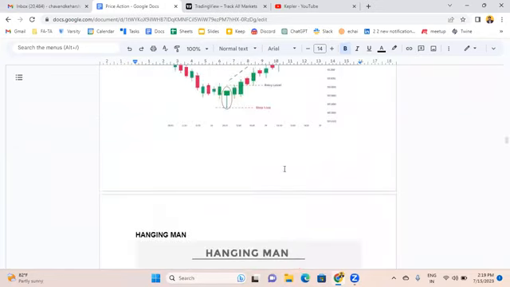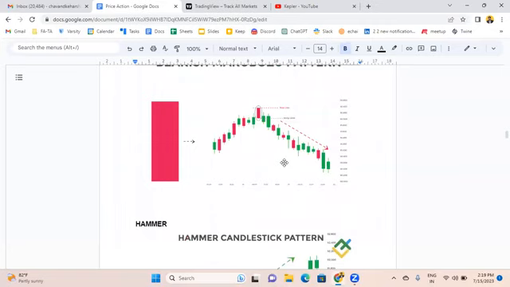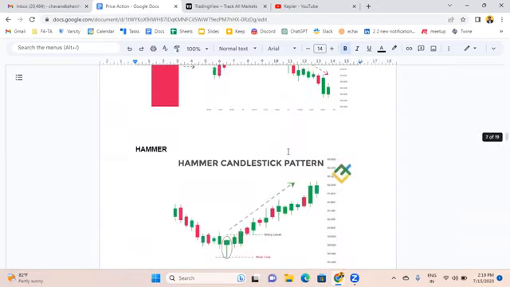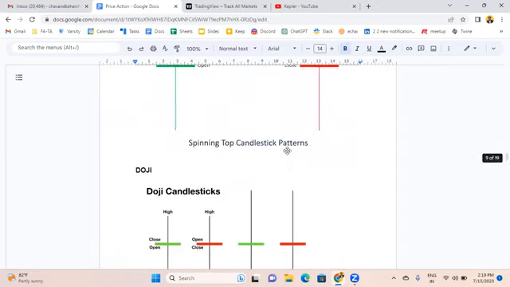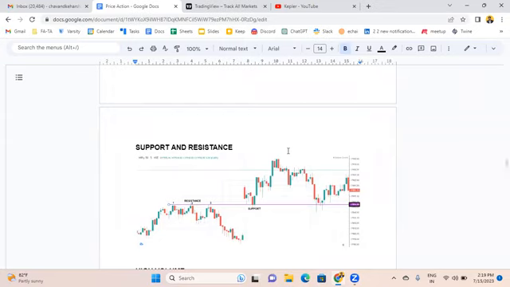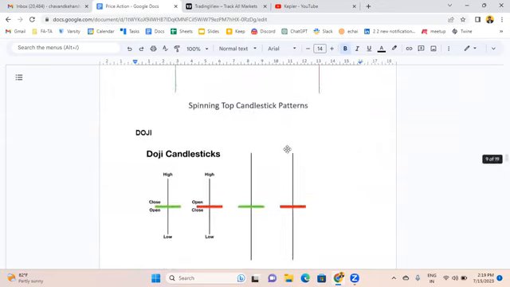In the second session, we talked all about candlesticks, right from single candlestick patterns, double candlestick patterns, and multiple candlestick patterns as well. And we saw what are the strong candles, indecision candles, weak candles, average candles, etc.